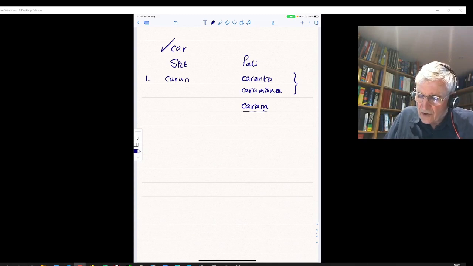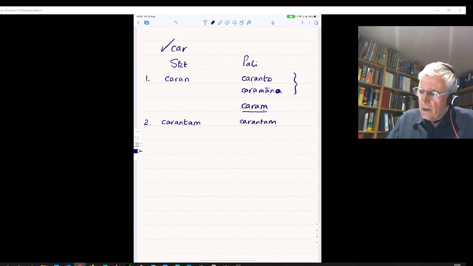In the accusative, in Sanskrit, charantam. Notice the n stays: charantam, and in Pali, exactly the same. From now on, I won't be looking at the charamana, just know that it exists in parallel.